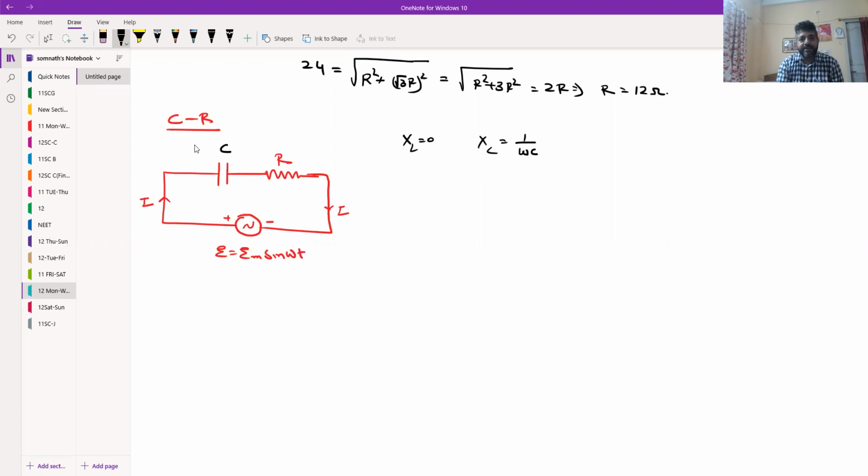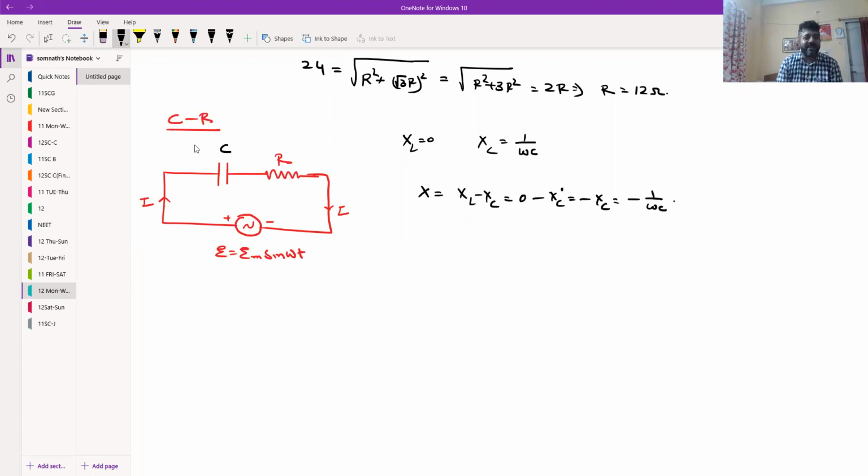Look, what is in the book? In the book, the first one you write is I equals IM sin omega t plus phi. They suppose it as a reference, and on that basis they say X is XL minus XC, that is 0 minus XC, that is minus 1 by omega C, and sometimes they give the statement that reactance is negative.